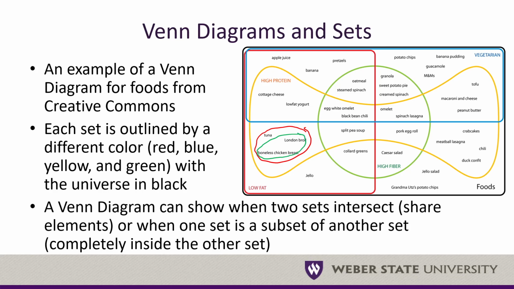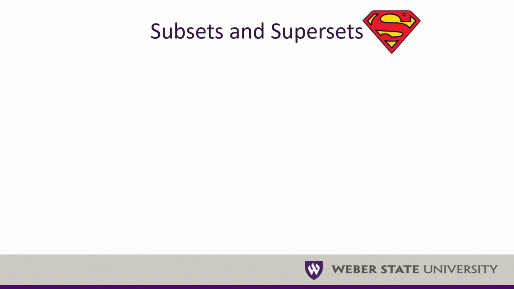Chickens and beef for some reason just don't tell me that they're aquatic, whereas tuna kind of swims around a little bit. So that's the kind of thing that we can represent with our Venn diagrams. So let's look a little bit more at subsets and supersets.